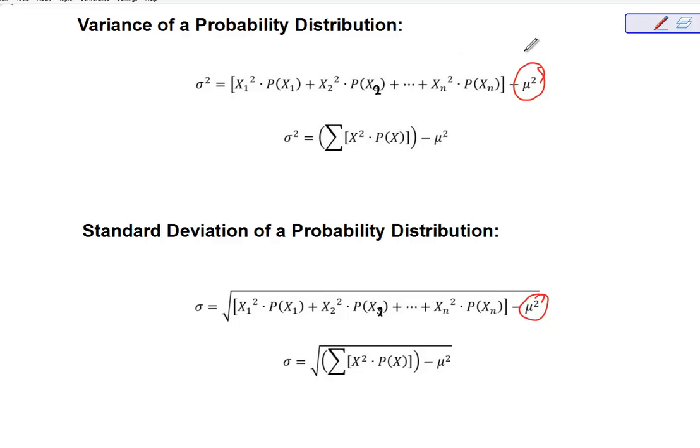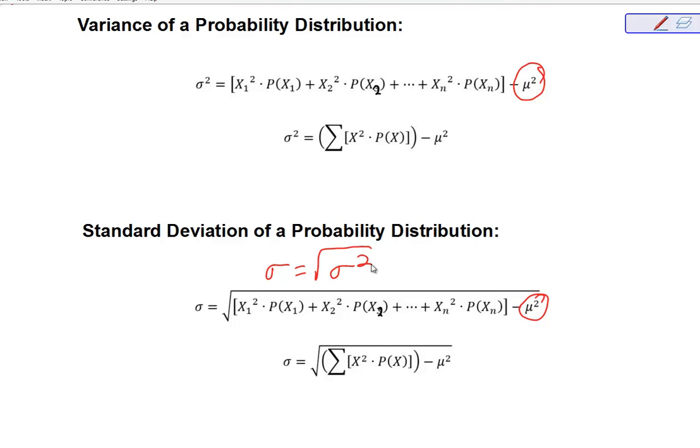But at the very end, we must subtract out the mean squared. This is very important. To get the variance, we have to subtract out the mean squared. Therefore, we have to make sure that we find the mean first. Standard deviation, we do the exact same process because remember that standard deviation is just the square root of our variance.